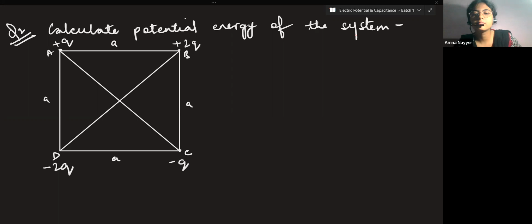Hania, are you there? Okay. At the center there is no charge, so there won't be any interaction. All the 4 charges are there at the corners only. Memuna?